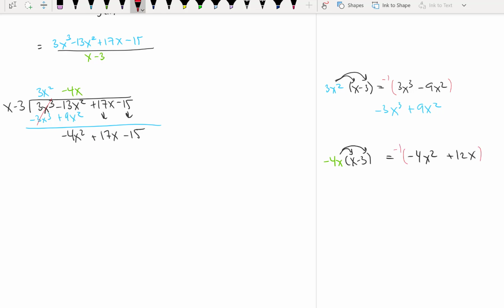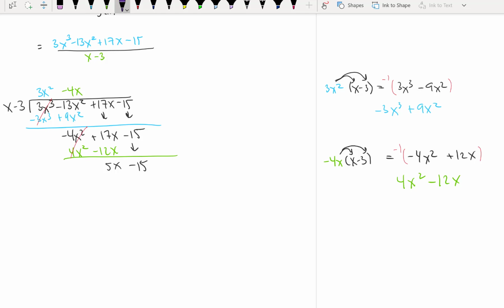And I'm multiplying it by a negative 1, so I end up getting 4x squared minus 12x. So perfect, the first terms cancel. Now I have 17 minus 12, which is going to give me a 5x, and I bring down that negative 15.